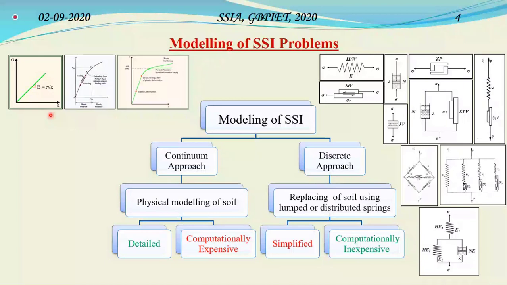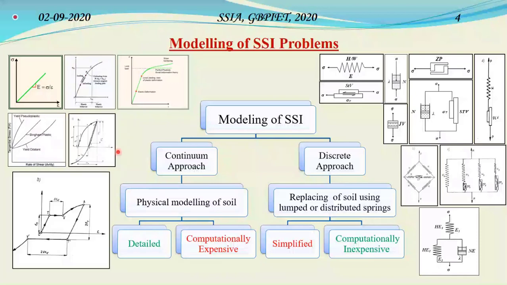We may have an elastoplastic relationship. We may have different types of plasticity, including yield pseudoplastic, Bingham plasticity, or yield dilatant. And then combining all these simplified relationships, we can have much more complex stress strain time characteristics represented through this continuum approach. So these are the two distinct classes of modeling of SSI problems, and we will look into a bit of these two as well.